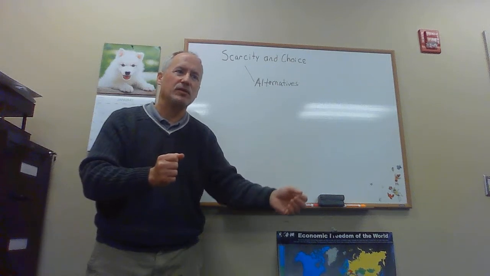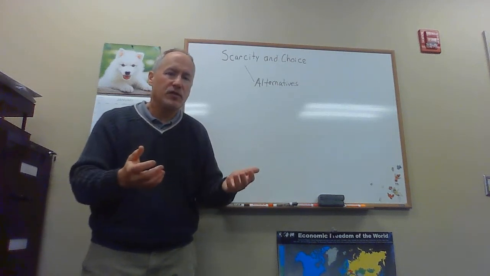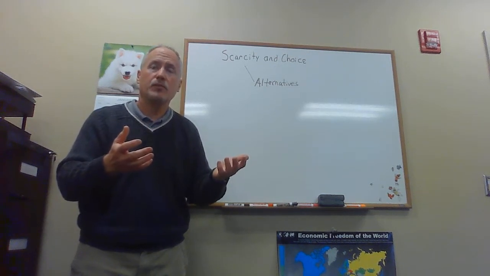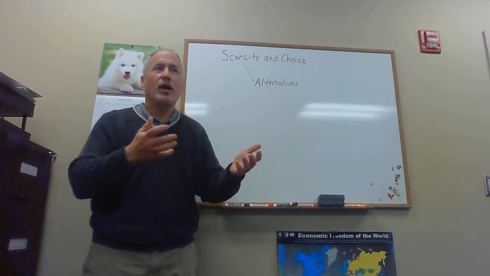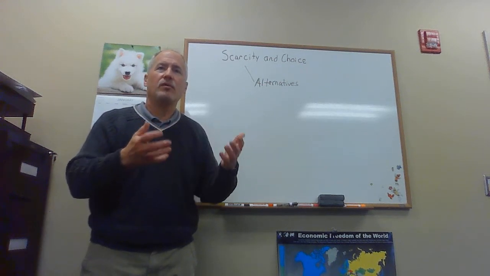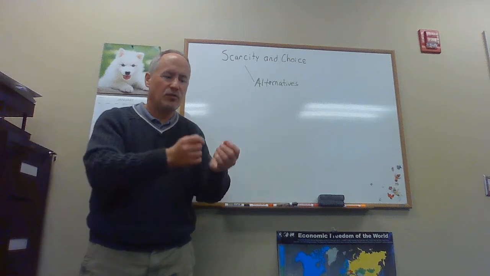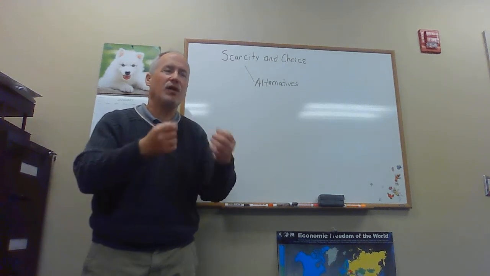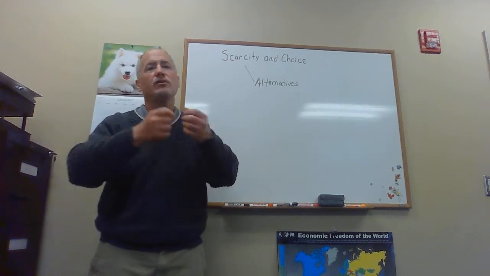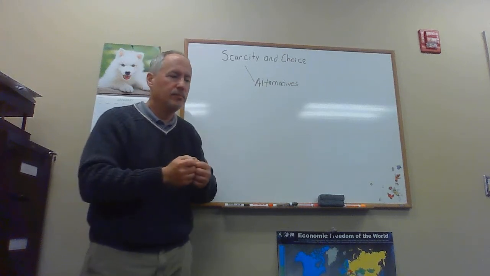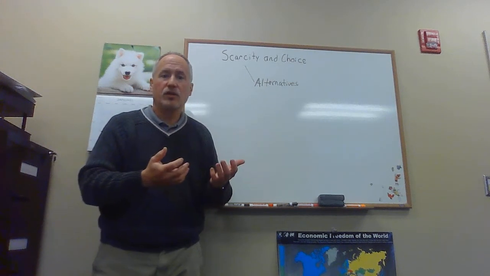You're giving up the opportunity of getting something else. So life is going to end up being about trade-offs. No economic system can get around that. When we choose to use our resources or our lives in one fashion, we can't do something else. And so we have to always think of these trade-offs.